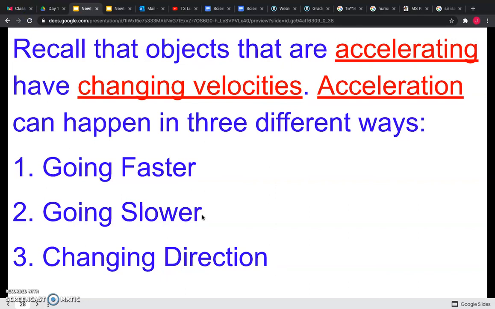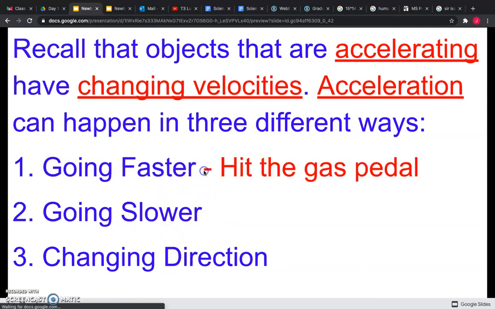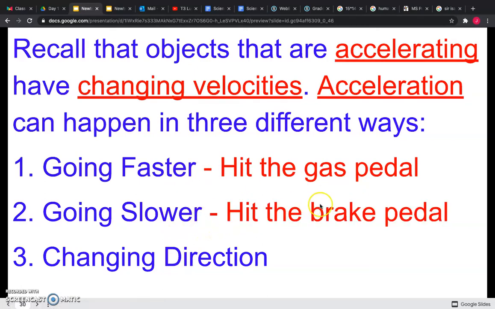So now that I've shown you that little demo, we're just going to go over quickly some examples of each of these types of acceleration. So going faster, that's like when you hit the gas pedal. Going slower, that's like when you hit the brake pedal. And changing direction, that's like when you turn the steering wheel. So there's three different ways that you can accelerate in your car.